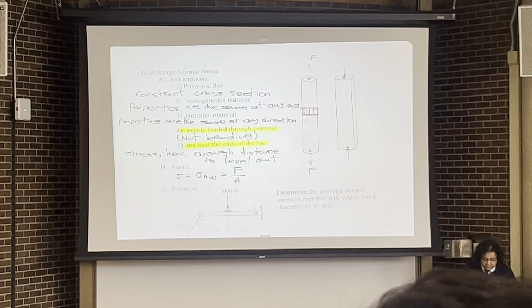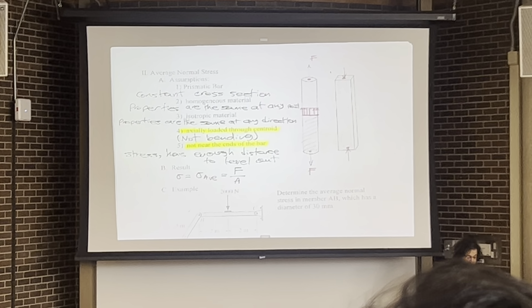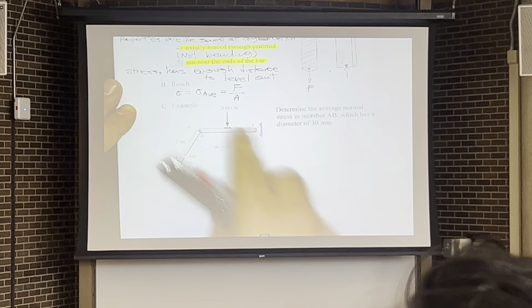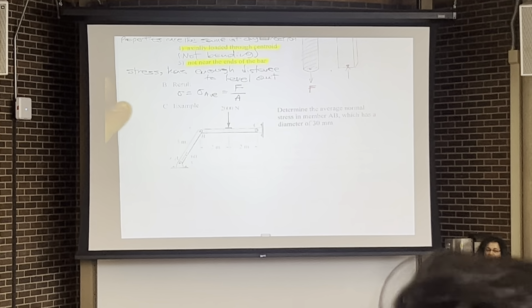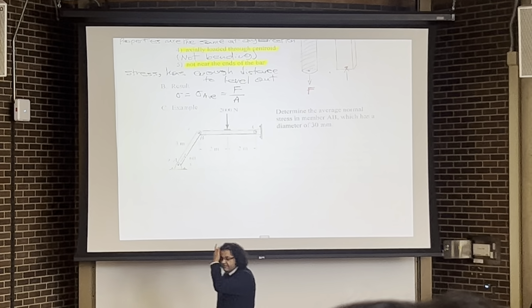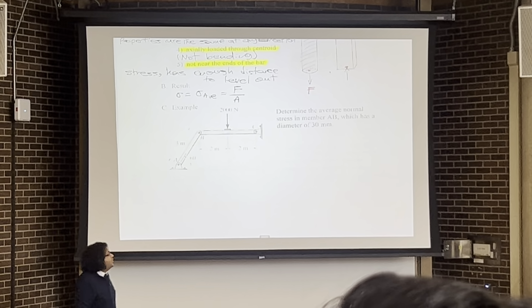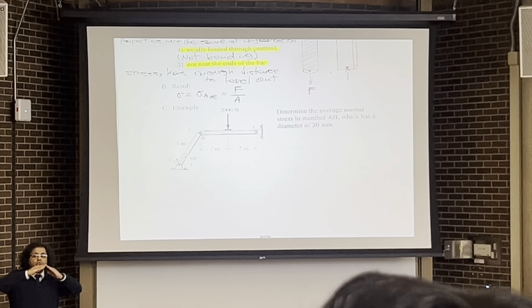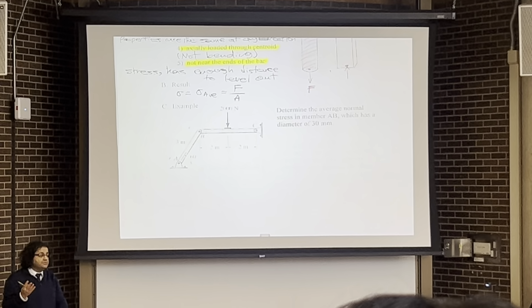So now it's time to actually use that equation. Where can you use this equation? Let's take a look at this example over here. We're going to use this example several times later for calculation of different quantities. So what kind of system do we have? As you can see, we have two bars that are connected together.